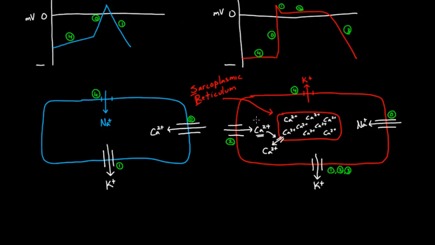So it basically magnifies the effect of calcium, right? So just keep that in mind: when we talk about phase 2 and this calcium entering, the one thing that I haven't really talked to you about until right now is that there's this magnification that happens because of the sarcoplasmic reticulum.